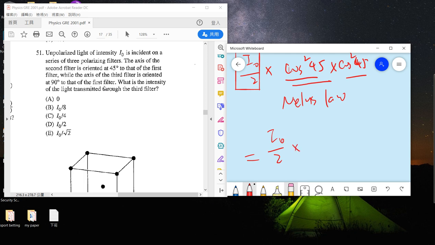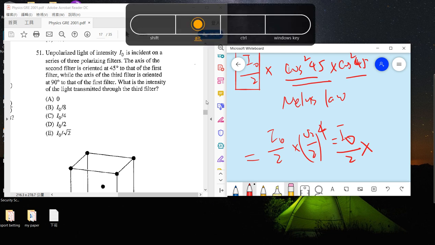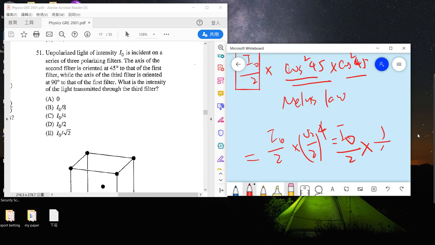So what we have is cosine squared of 45 twice, which is one half times one half. So it's I naught divided by 2 times 1 over 4. So it's I naught divided by 8. So the answer is B.